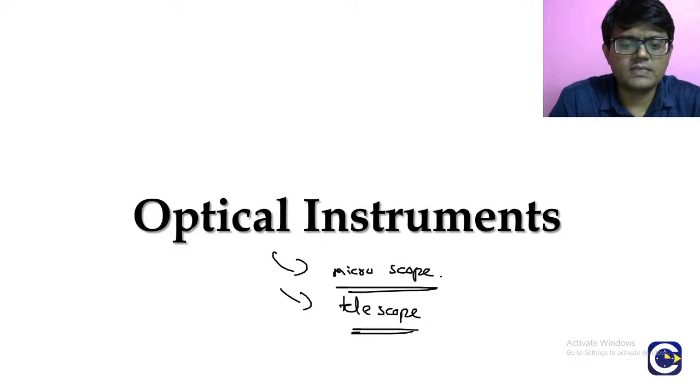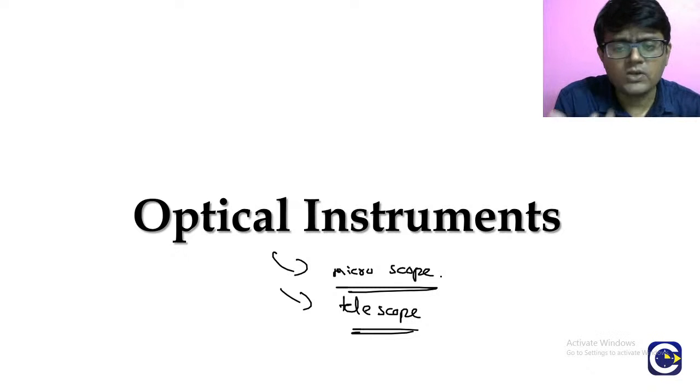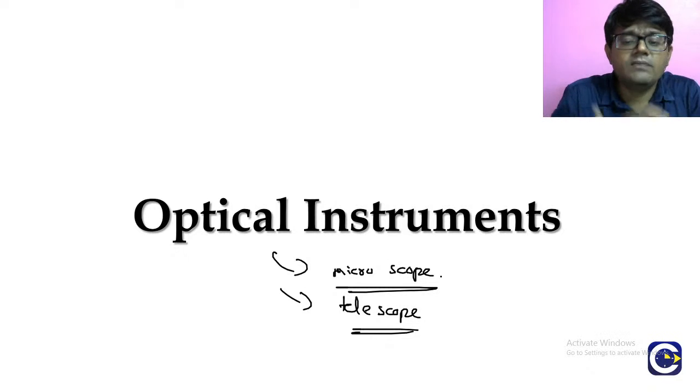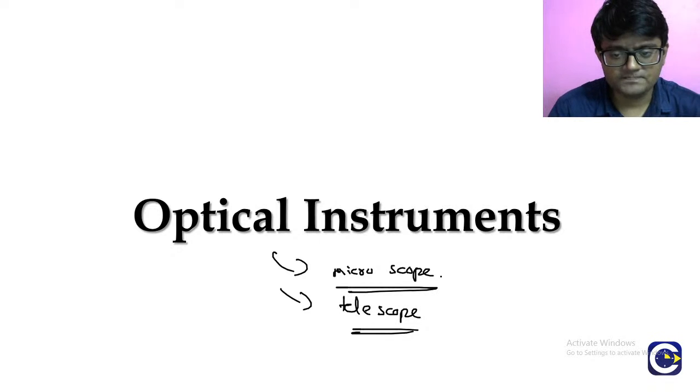If you are somebody who is into biology, you will be able to study them only when you see through a microscope. In your bio laboratory you generally have these microscopes, but here we will understand how exactly that optical instrument works.